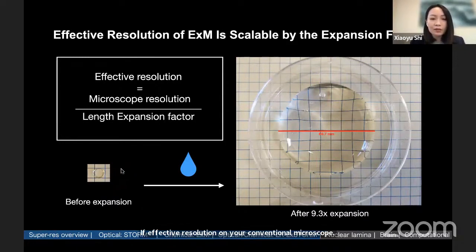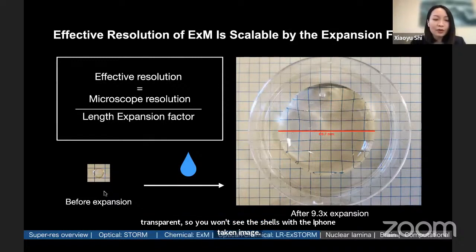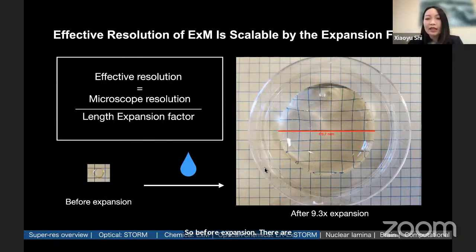So this image shows you the gel before expansion. This is exactly the same gel. Before the expansion, your gel with the cells inside it is very transparent. You won't see the cells in the iPhone-taken image. Before expansion, it is very small, about 5 millimeters. After expansion, in the image on the right, you can see the gel can really absorb water and grow really big in 3 dimensions.